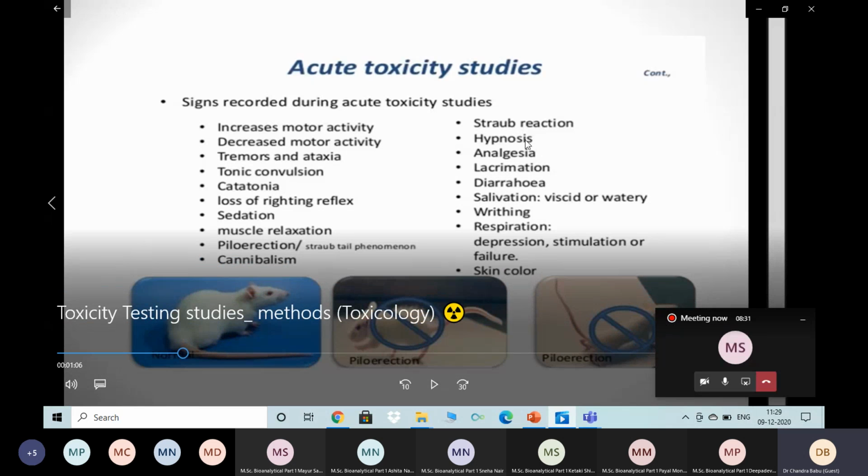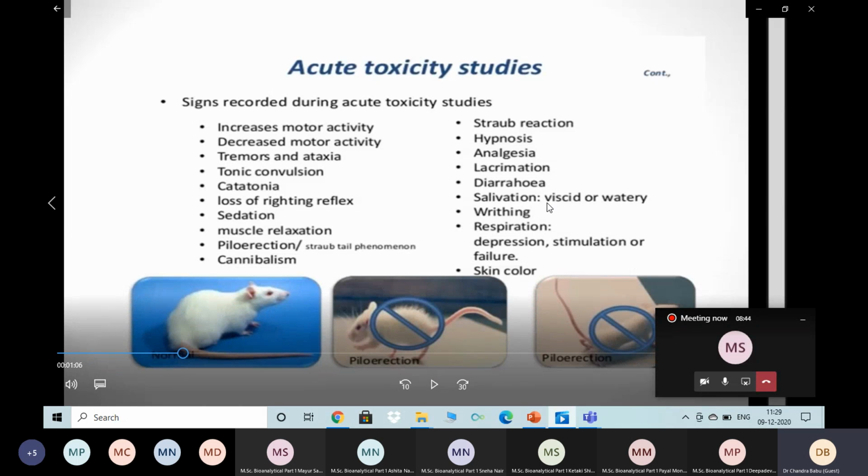Straub reaction, hypnosis, analgesia, lacrimation, diarrhea, salivation, which can be viscid or watery depending on the type of salivation exhibited, tremor, that's just extensive vibrational phenomenon seen in the entire body, respiration, it can also lead to depression, stimulation, or failure, skin color changes. So these are the ones which you would be looking at in the acute toxicity studies.